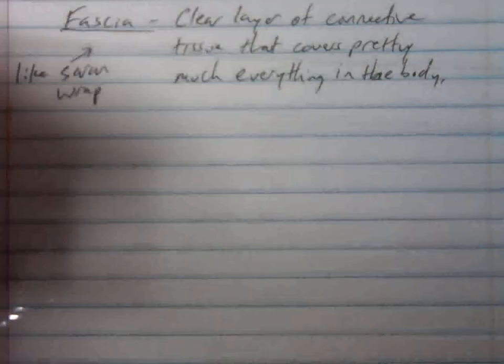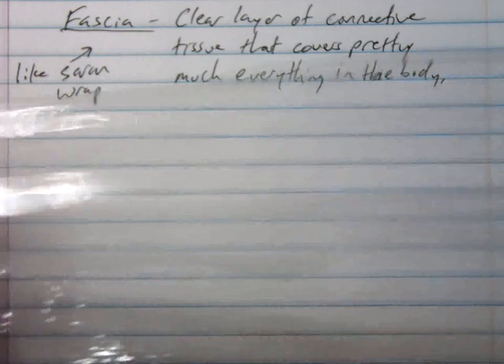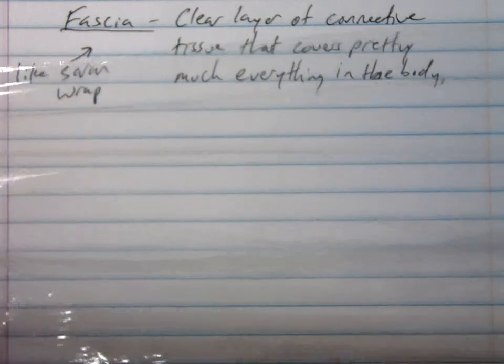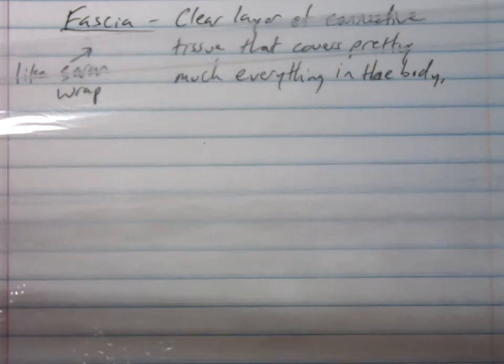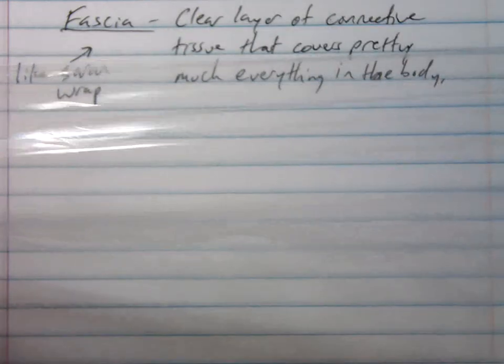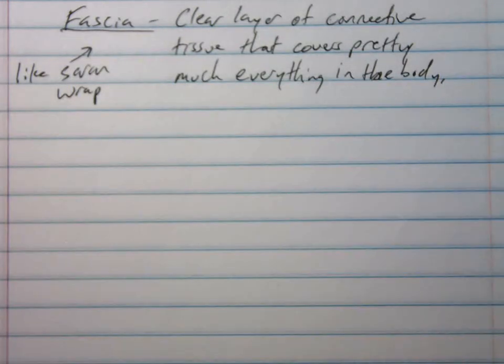Now, to be clear, the plastic wrap is clear. There is not plastic wrap inside of your body. Your body's fascia, your version of this, is made of cells and proteins and all kinds of different stuff. But your body loves this stuff. It covers everything. Well, pretty much everything, like I said.